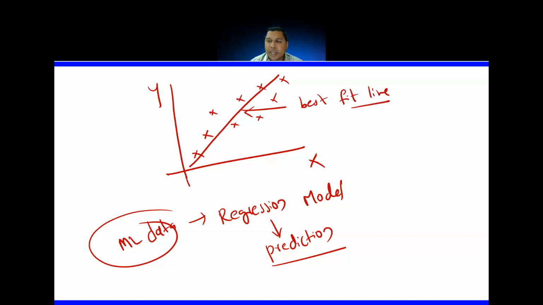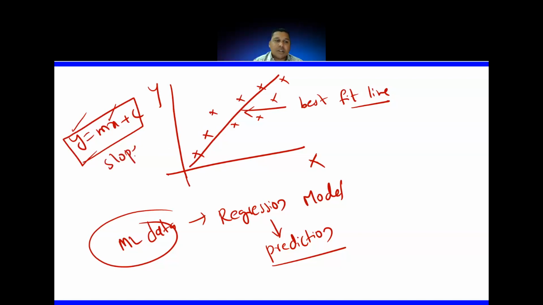Maybe in your early education, you studied that the line equation is mx plus c. So you have already done regression, it's nothing new for you. You have solved a lot of problems finding the values of m and c given values of y and x.